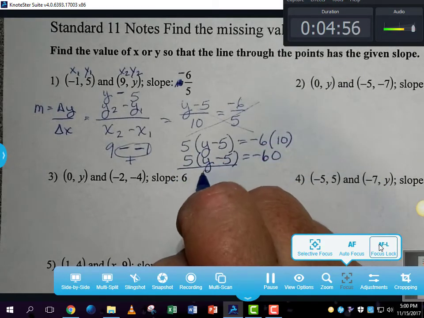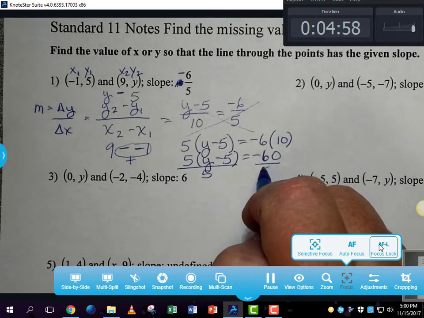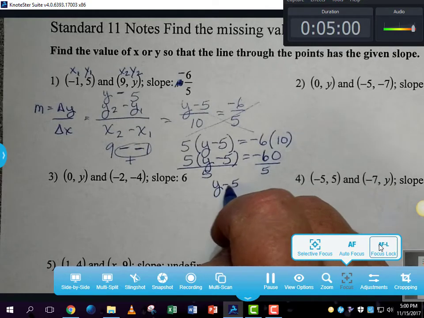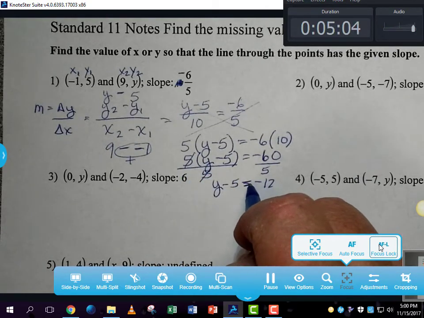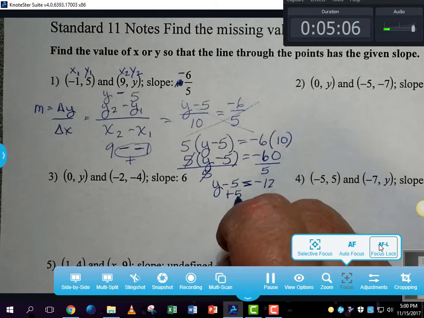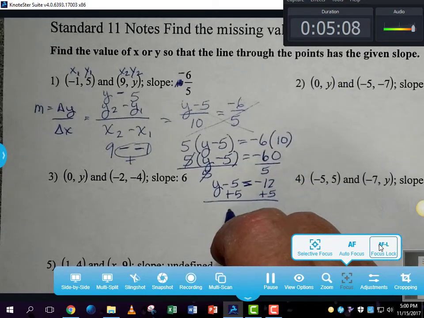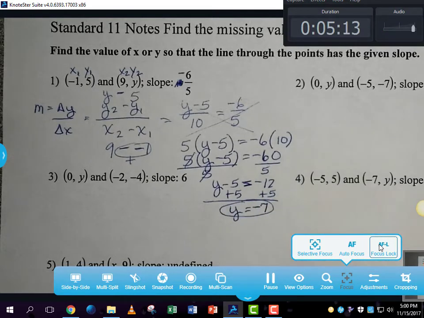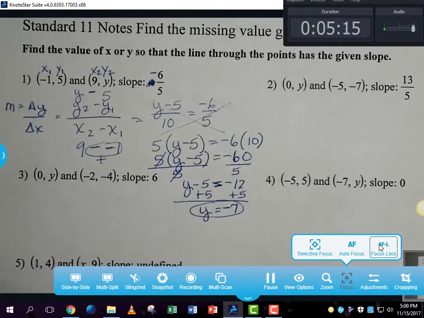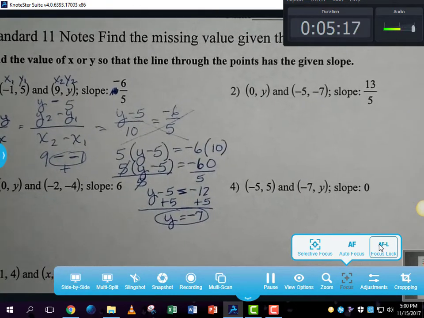I'm going to divide both sides by 5. I get y minus 5 equals negative 12. Add 5 to both sides. And I'm going to get y equals negative 7. Okay, and that's how we go through and solve them.